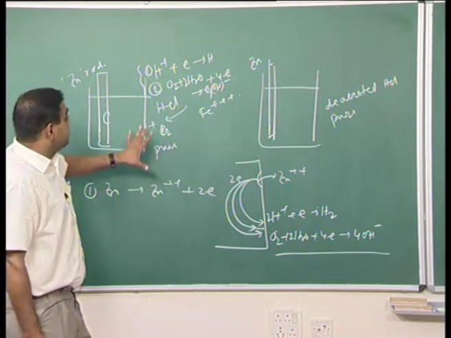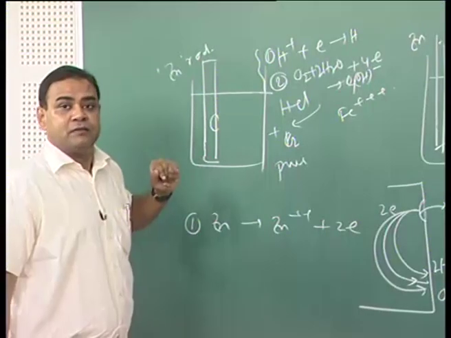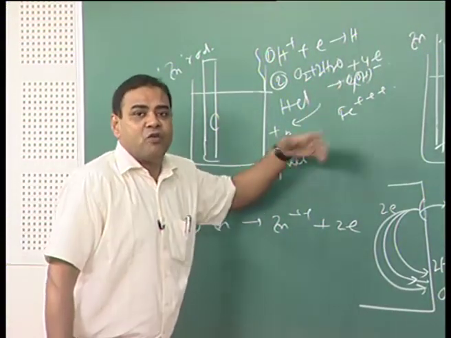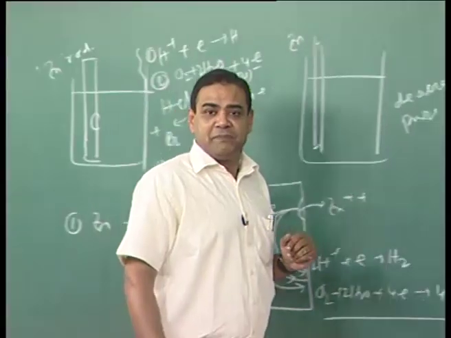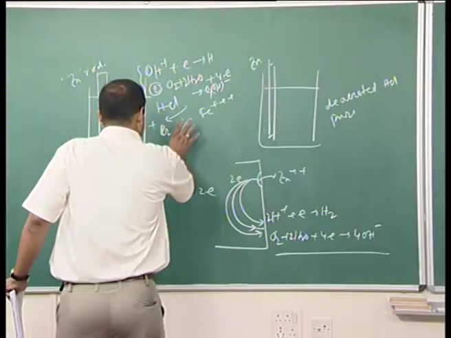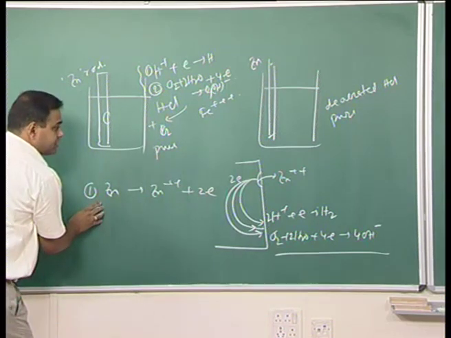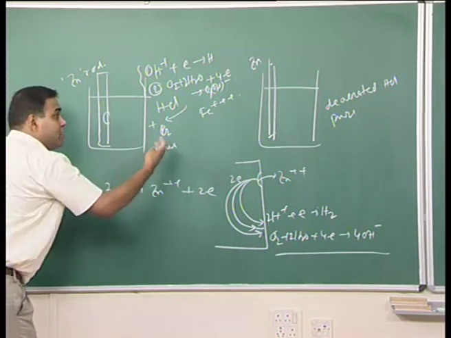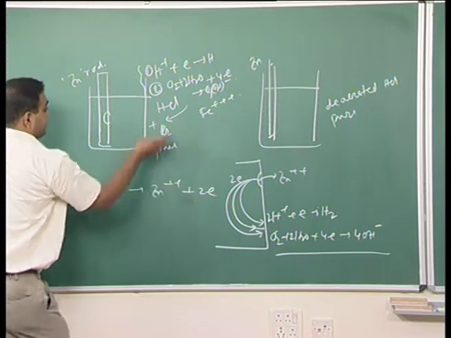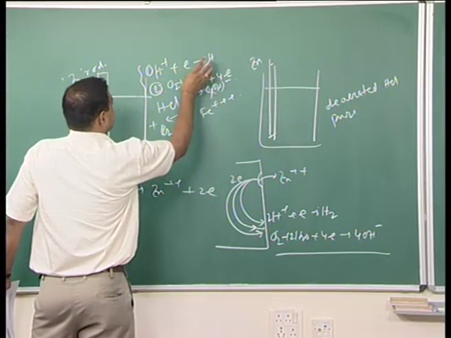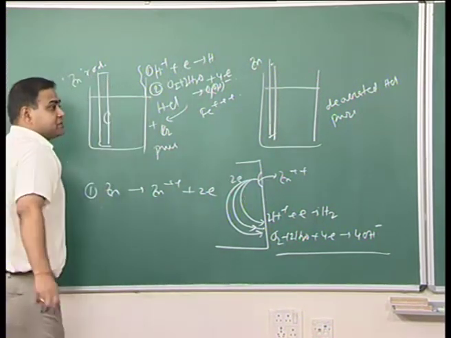Okay. For the time being, you consider in this manner. You will see the greater detail of it when we come to the mixed potential theory. Now, for the time being, you see there are more number of cathodic reaction, there is one anodic reaction. So, anodic reaction should occur more and more, so to take care of this extra electron that is getting consumed by these two cathodic reactions.